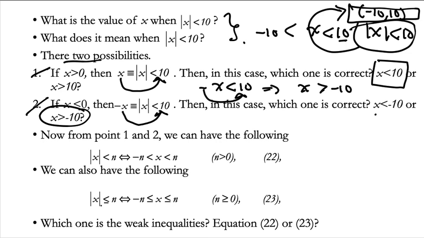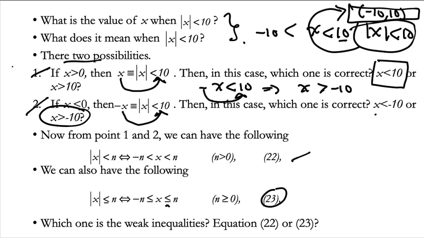When the absolute value of x is less than or equal to n, this implies that x is between minus n and positive n, inclusive. Now, which one is the weak inequality? Obviously, 23, because it has the equal sign. So 22 is actually a strict inequality, isn't it? Okay, we are done with this.